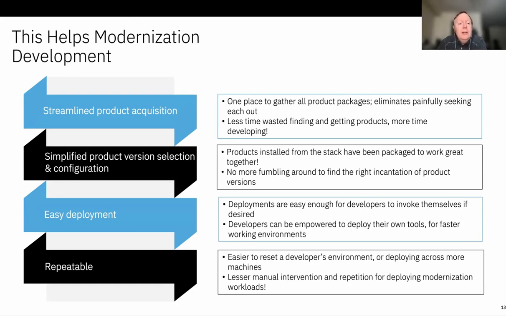We have a simplified product version selection and configuration. Because you have this nice web-based UI to say, here are the different versions available to me. I'm going to click on that one, click on that one, click go. No more fumbling around to find the right version.